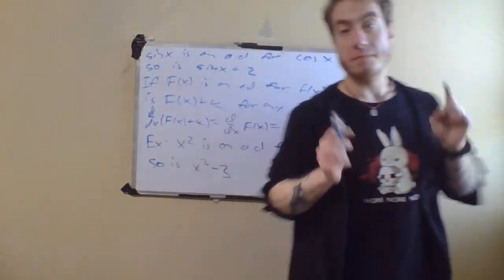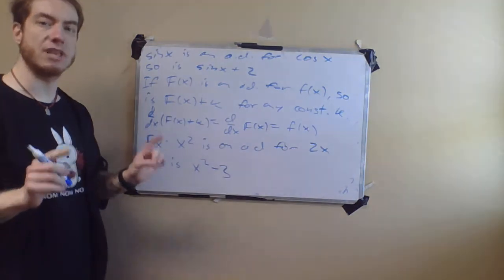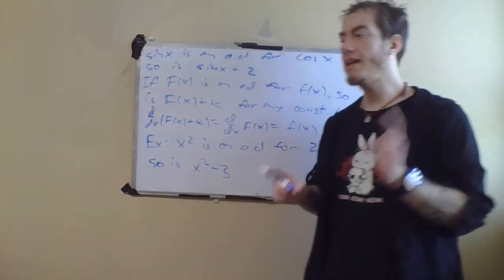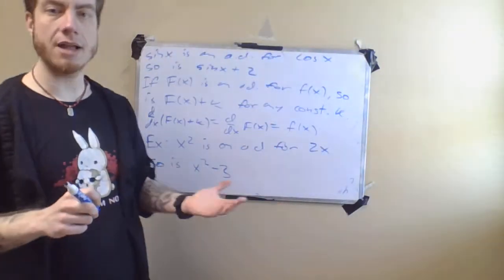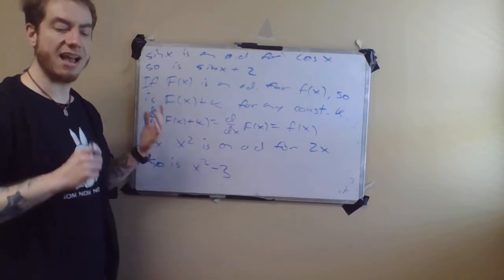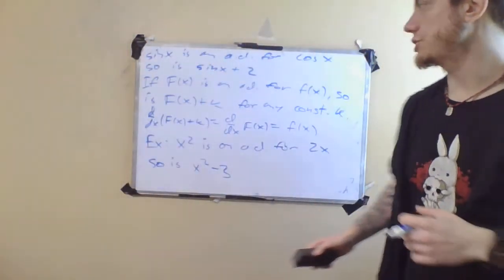So, one of the kind of strange things that you got to get used to with antiderivatives, they are not unique. In fact, you can always add a constant to them, and you will get another antiderivative.